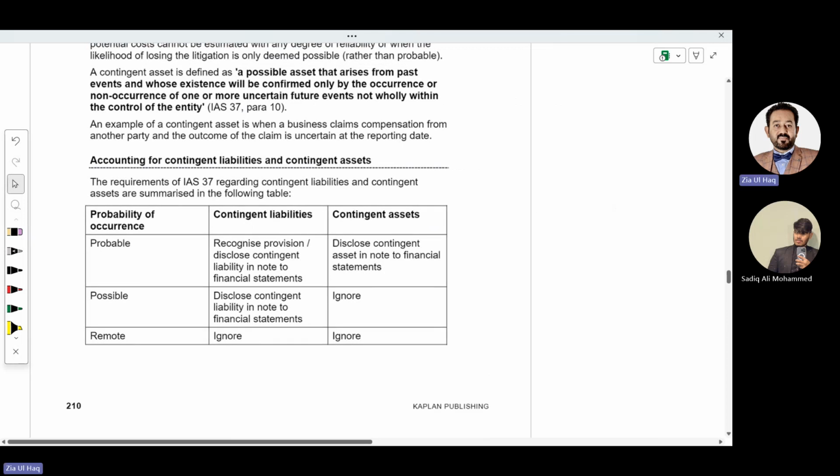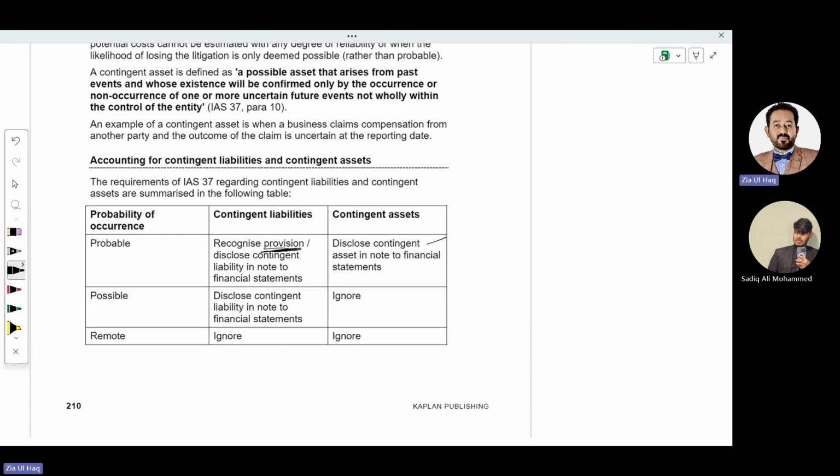If there is a probability of future economic outflow, in that case, provision should be recognized, meaning liability. And along with provision, we need to provide disclosure as well.